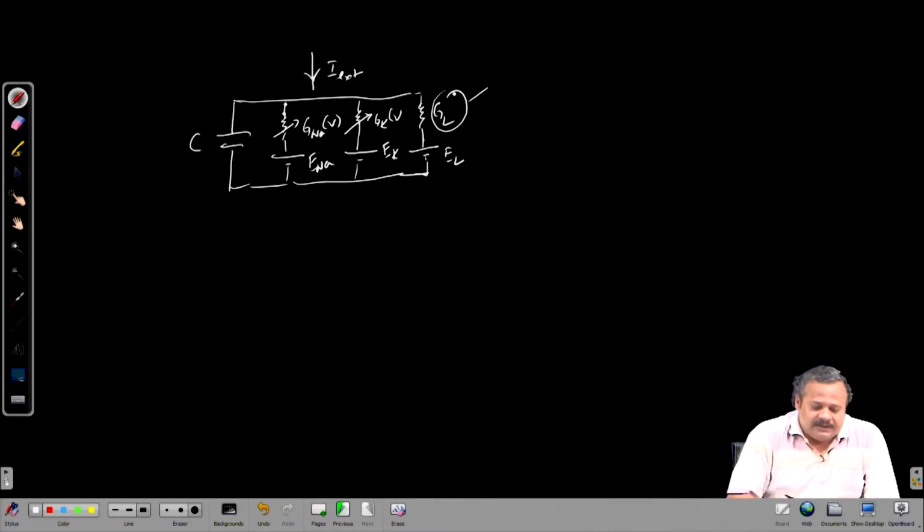So, capacitor, and this is inside and outside.